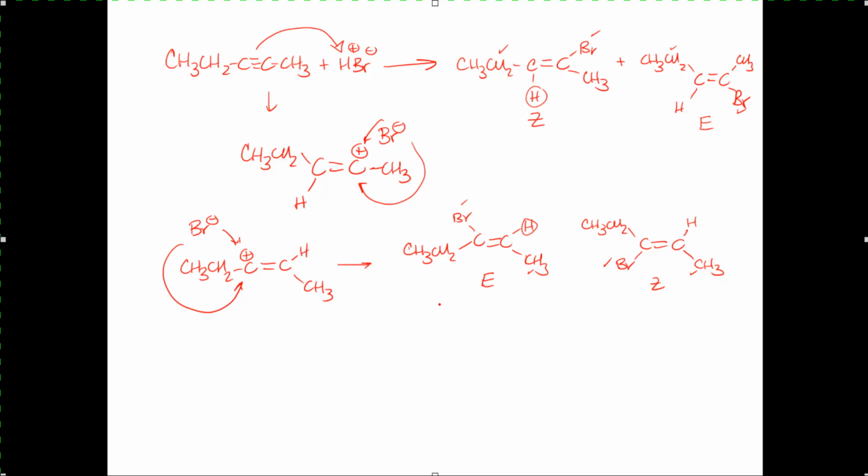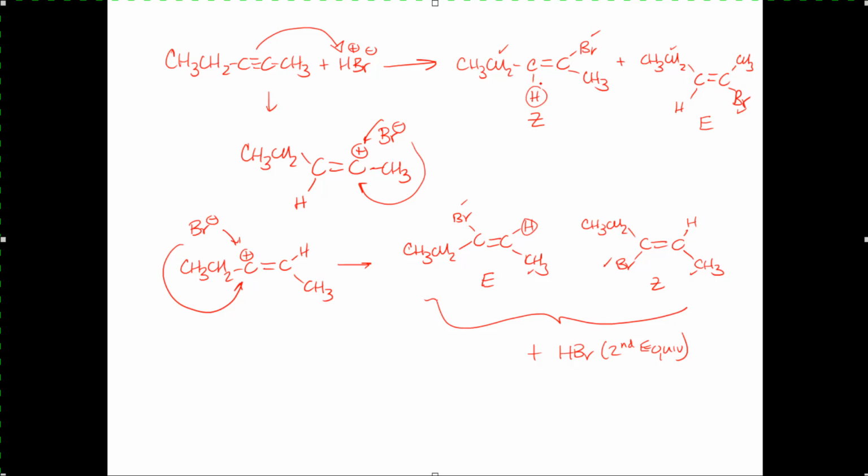And then you can imagine that if I formed these two sets of products and now I added a second equivalent of HBr, that second equivalent would create all sorts of havoc, because now I'd have to add the HBr.